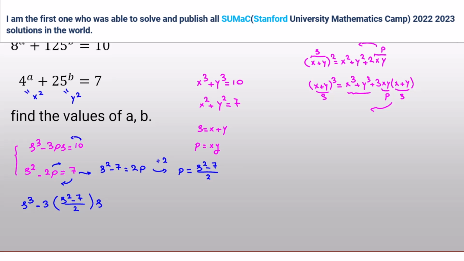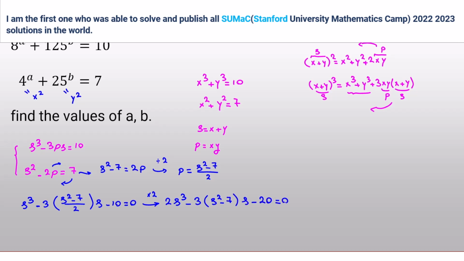And we can take also negative 10 to the left side. So here we can multiply both sides by 2.